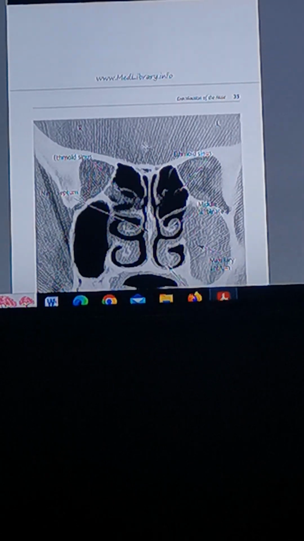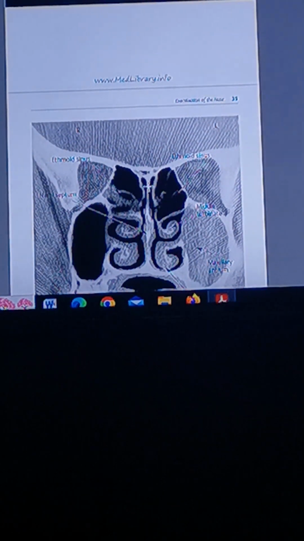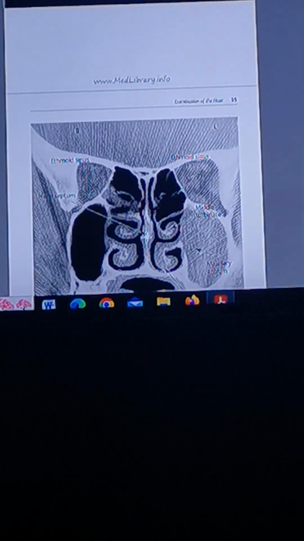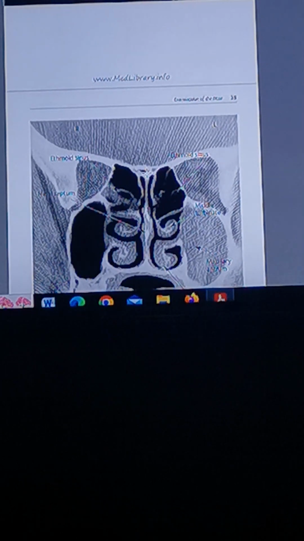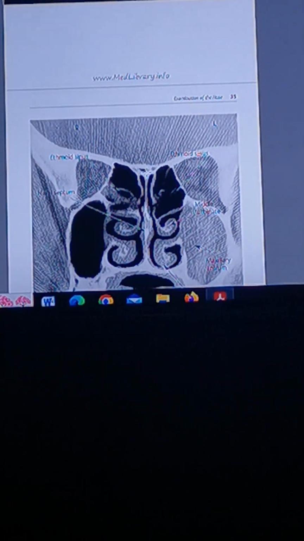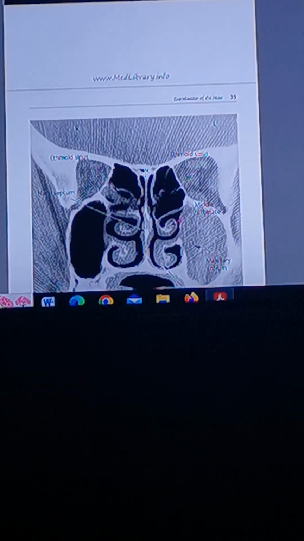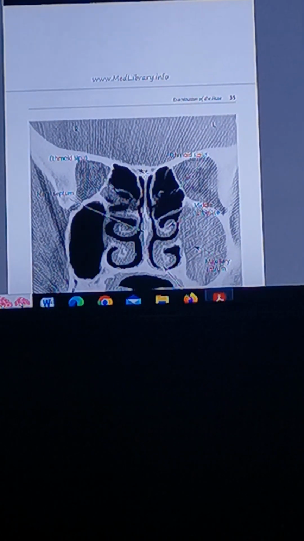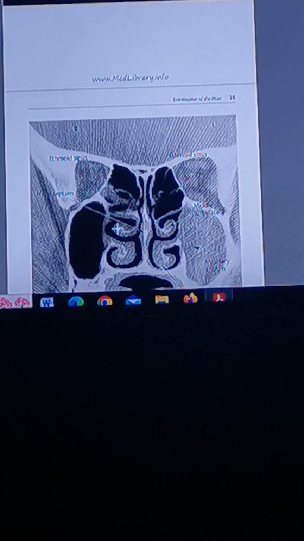See, this is the frontal bone. This is the nasal septum. See? Theoretically, the nasal septum should be straight in the midline, separating two nasal cavities into nasal fossae. So this is the left, and this is the right one.